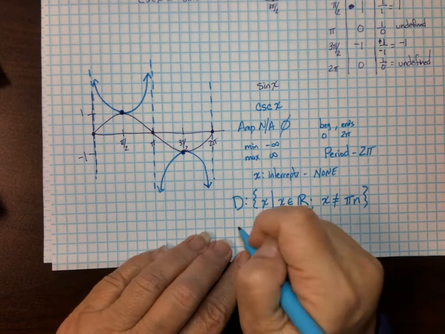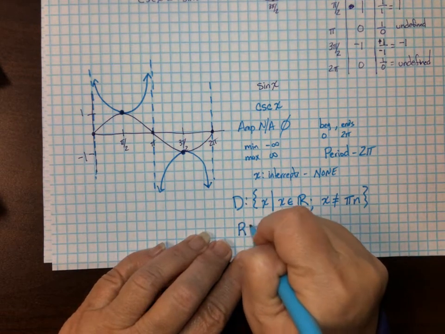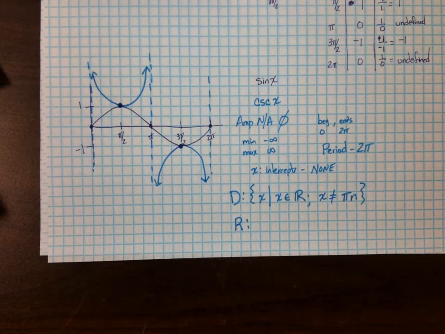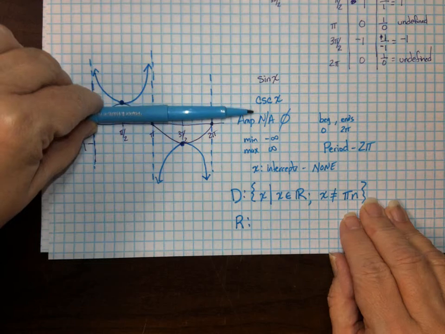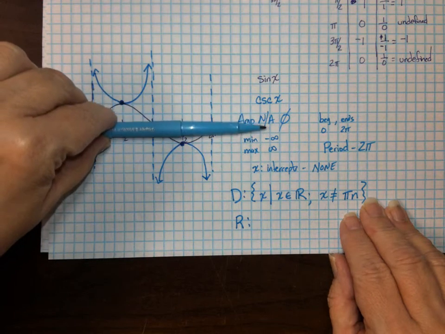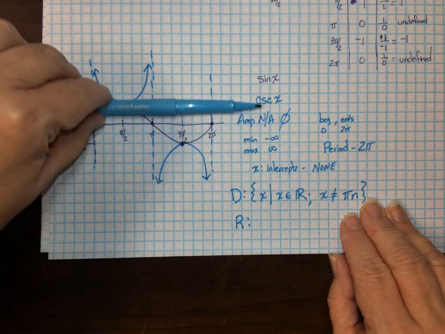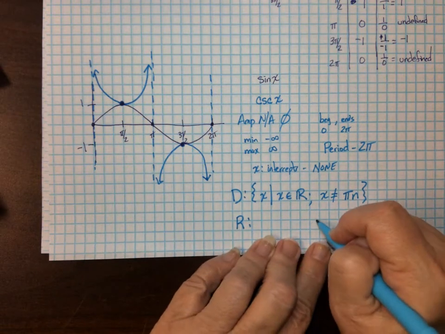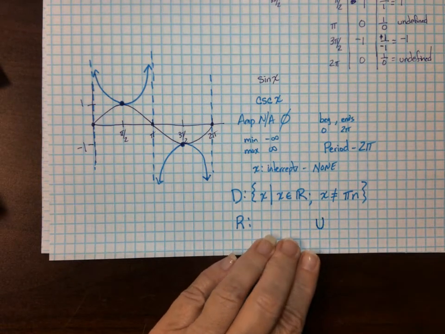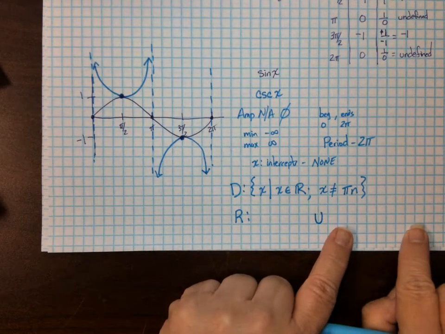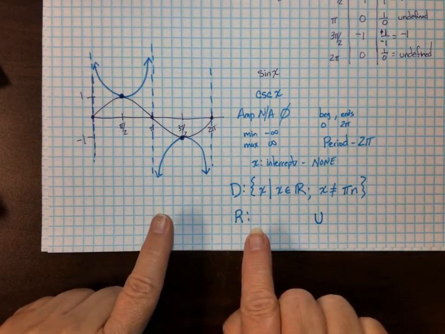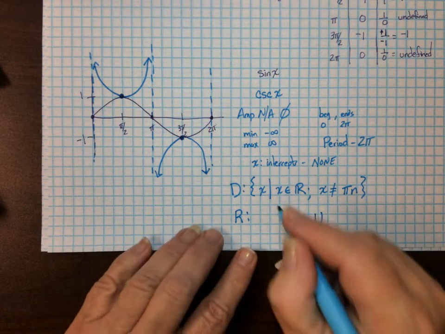Now the range is what's going to look different than any of the other functions that we've done. Because notice, we've got this piece in here. You see there's no cosecant values in this middle part. So that means our range is going to have a union. We're going to have part of the range union with the other part of the range. Remember, when we do our range, we always start at the lowest.